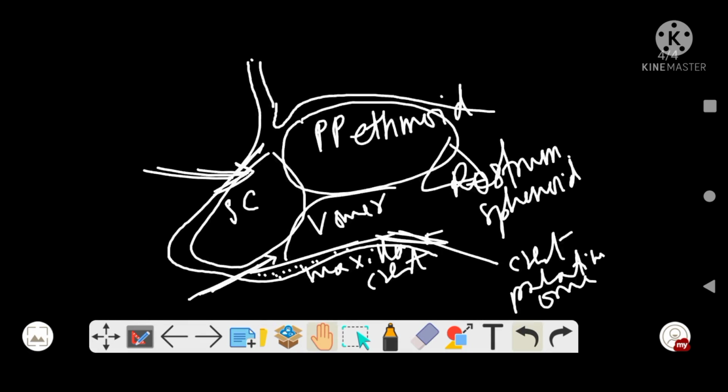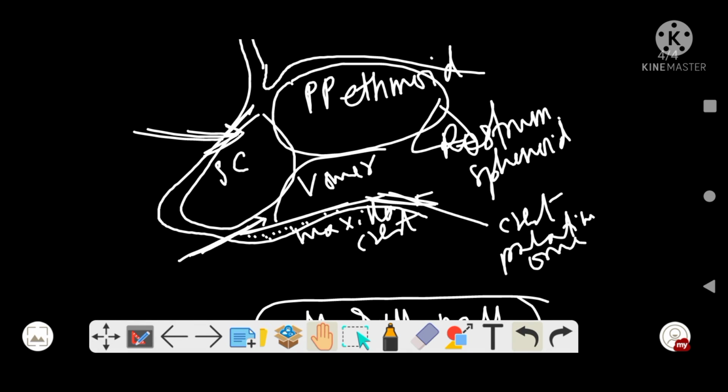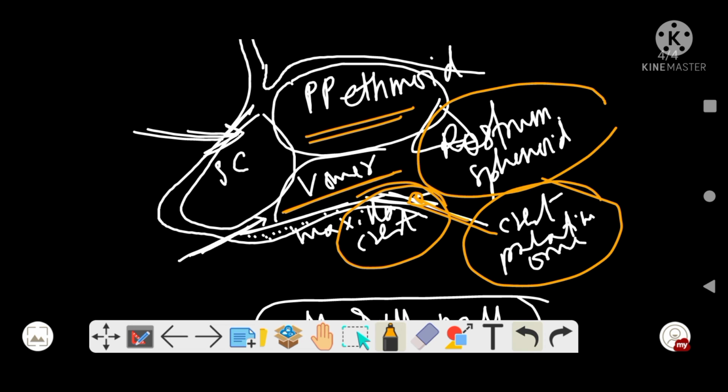First we discussed the medial wall of the nose. Here we can see this one is the perpendicular plate of ethmoid. This one is the vomer. This one is the maxilla crest. Here this portion is your palatine bone crest. This is your rostrum of sphenoid. Somewhere here is your septal cartilage. Somewhere here is your crest of nasal bone.